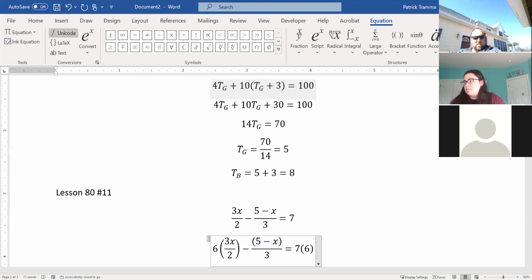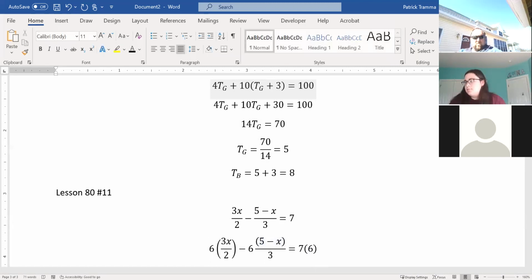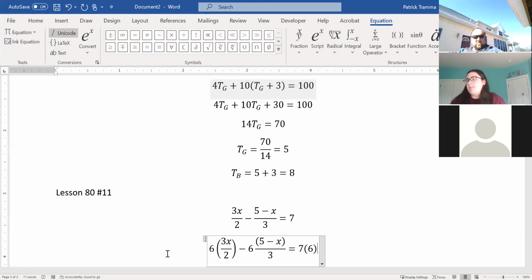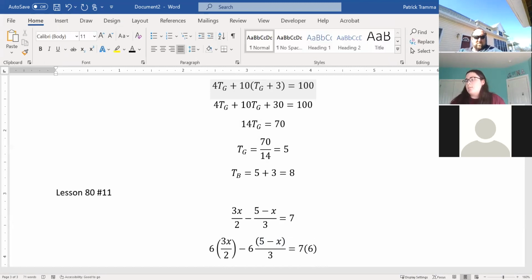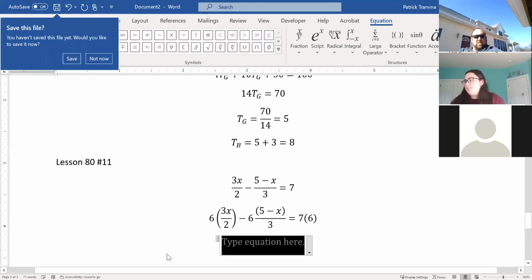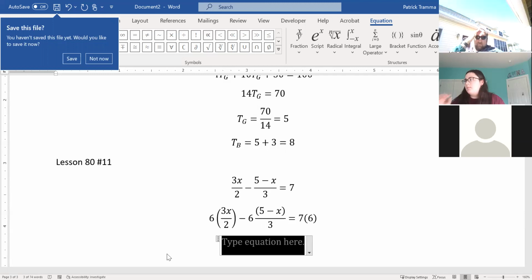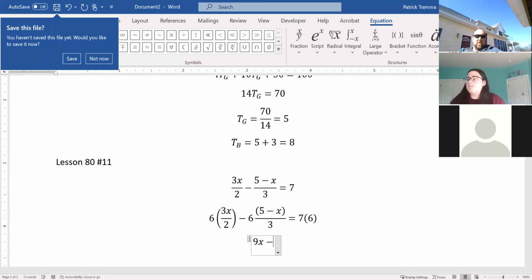So it would be 6 divided by 2 times 3, or 6 times 3 divided by 2, either way. So it's 18 divided by 2, that's 9x.